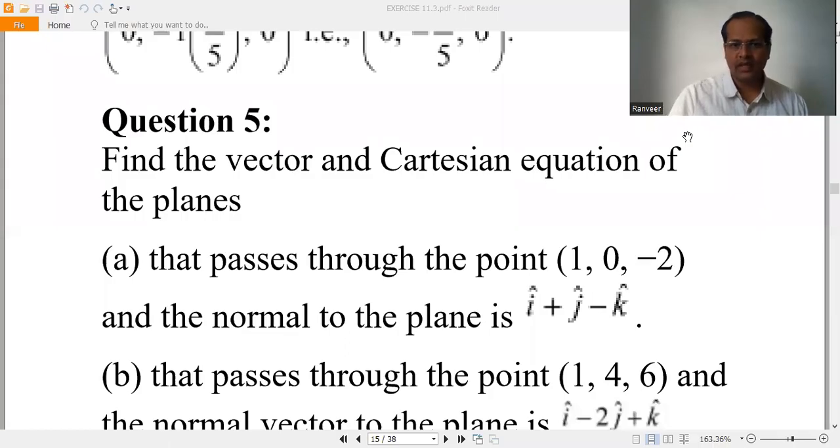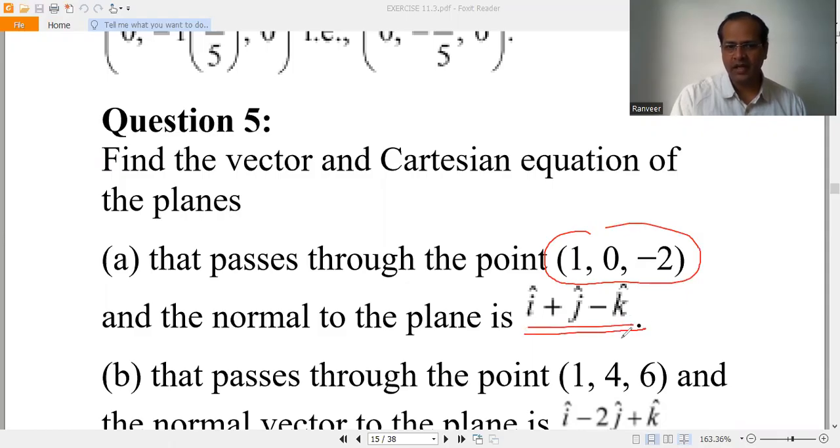Find the vector equation and Cartesian equation of the plane. Now it is given that it passes through the point 1, 0, minus 2 and is normal to the plane. Second question, it is passing through the point 1, 4, 6 and normal to the plane i minus 2j plus k.